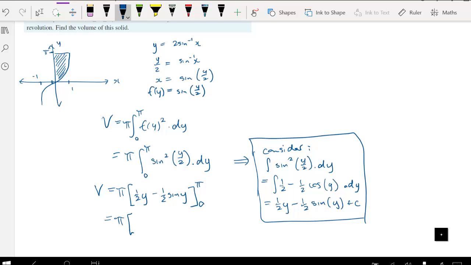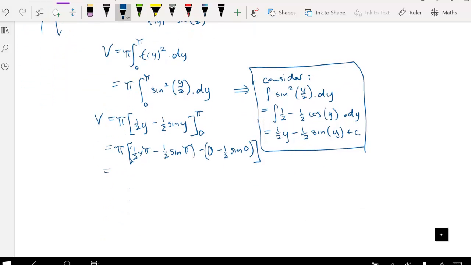So we've got pi multiplied by 1/2 times pi, subtract 1/2 sine pi, and subtract 0 and 1/2 sine 0. Now as both sine pi and sine 0 are 0, we've got pi and then multiplied by pi on 2. So we end up with pi squared on 2 units cubed as our volume.